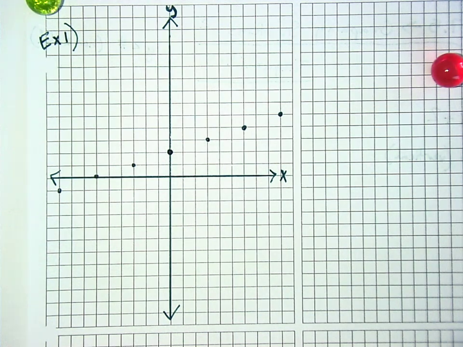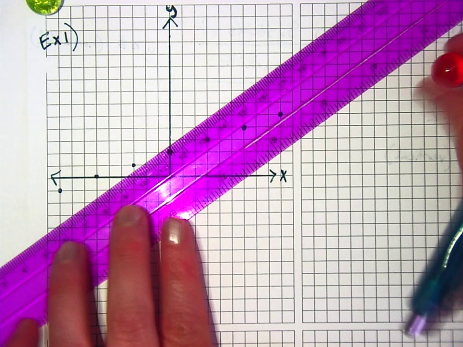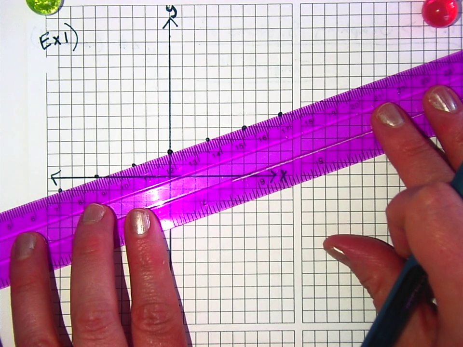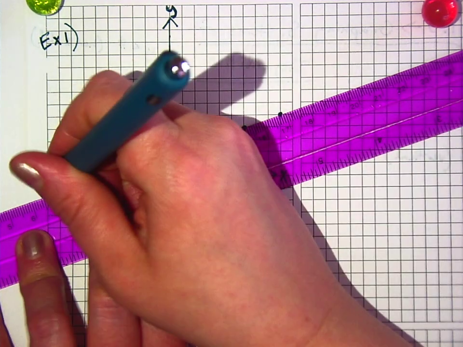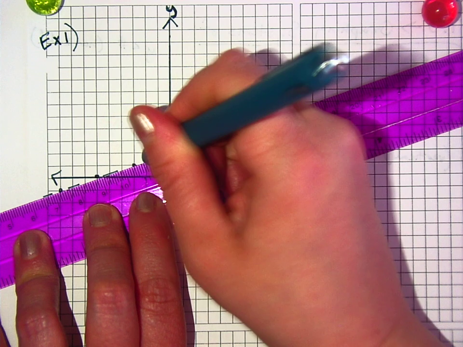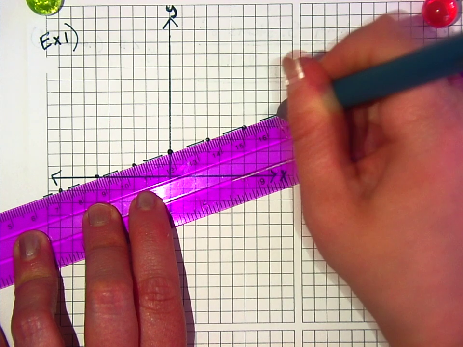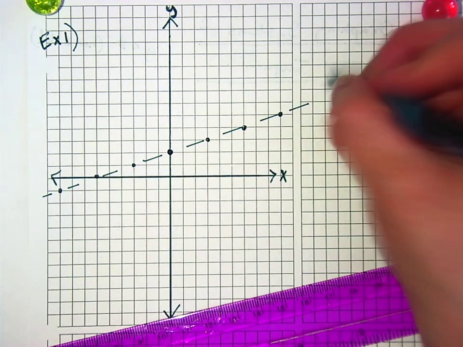And this was just a greater than symbol, so does that mean that it's a solid line or a dotted line? Dotted, okay. Here, this is a dotted line. Like that.